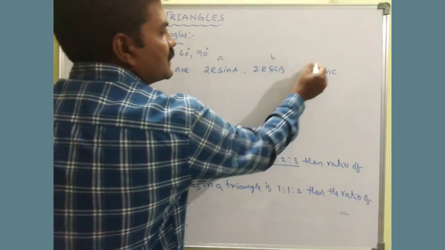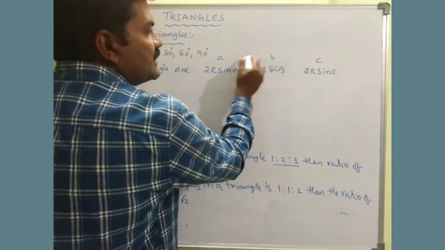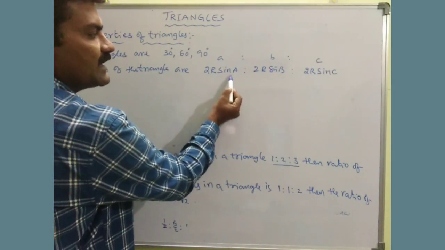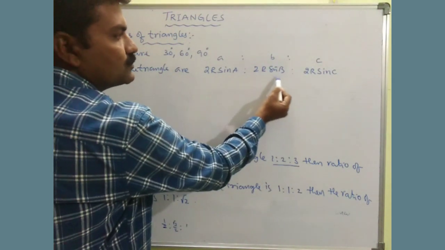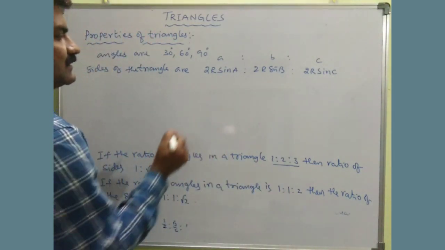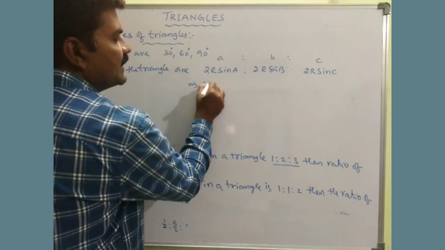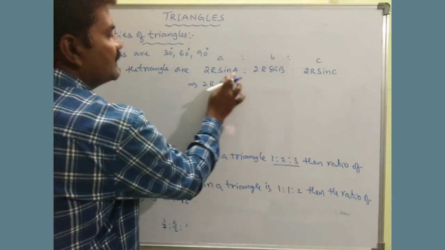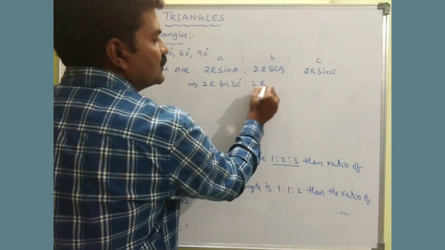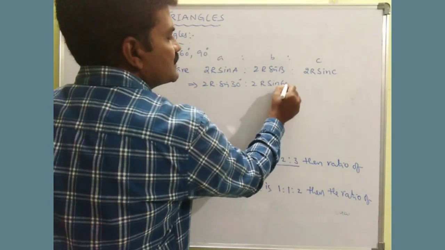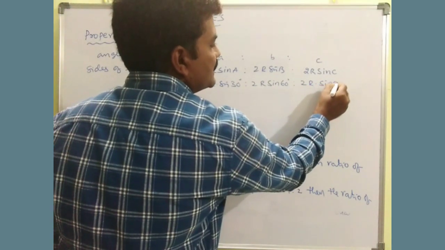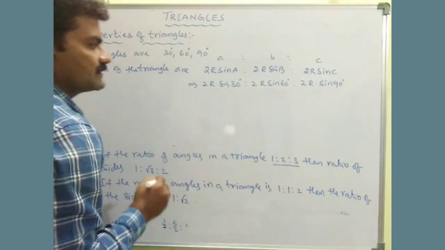Ratio of the sides a:b:c, where a is 2r sine A, b is 2r sine B, and c is 2r sine C. I mean here I can write 2r into sine A, which is 30 degrees, is to 2r into sine B, 60 degrees, and 2r into sine C, which is 90 degrees.